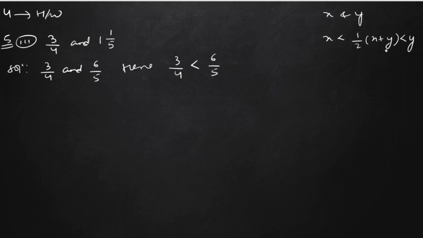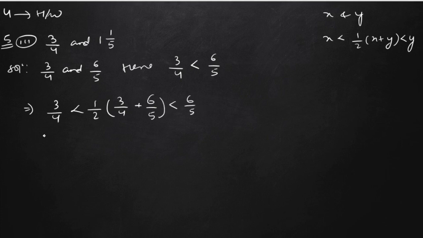Our formula was: between x and y, the rational number is x less than half of x plus y, which is less than y. So here our x is 3 by 4 and y is 6 by 5. So we can write that 3 by 4 is less than half of the sum of the two rational numbers, 3 by 4 and 6 by 5, which is less than 6 by 5.